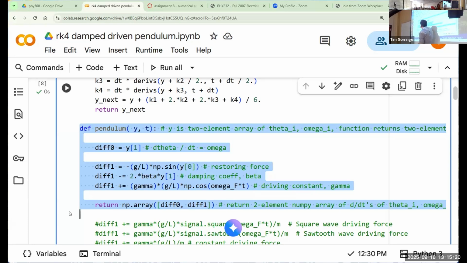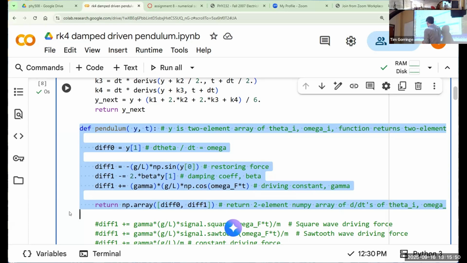So this first line just defines the differential as G over L times sine theta. That's the term you would get for just a simple pendulum, and it would approximate to G over L times theta for small amplitude oscillation. So that's the restoring force. Because it opposes the motion, there's a minus sign here.